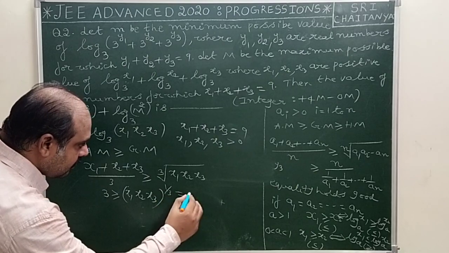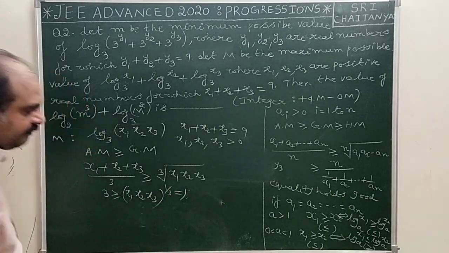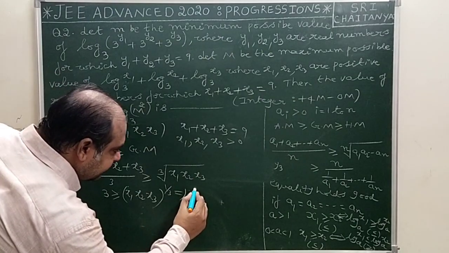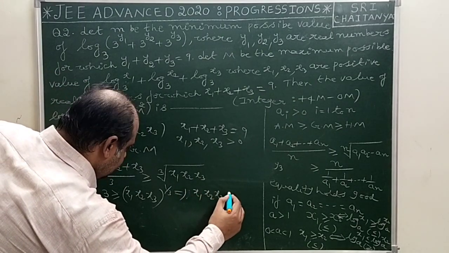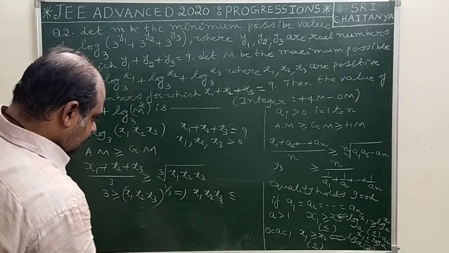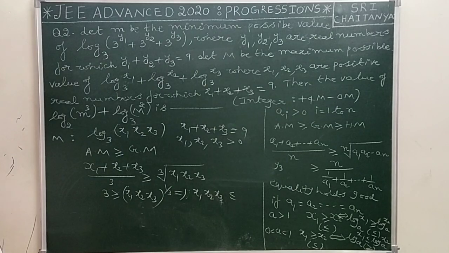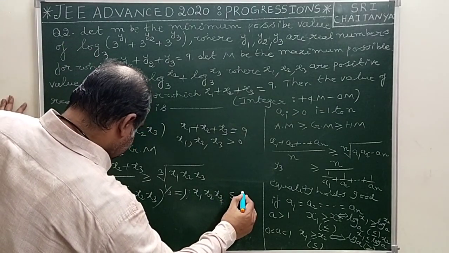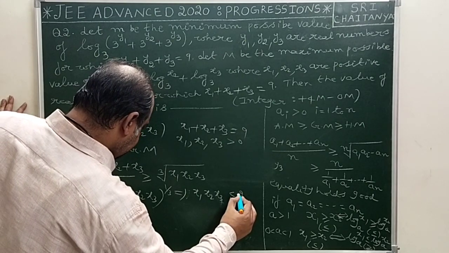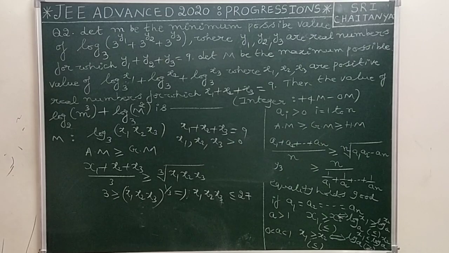That implies cubing on both sides. Both sides are positive quantities, so if you cube both sides, you will get x1 x2 x3 less than or equal to 27.